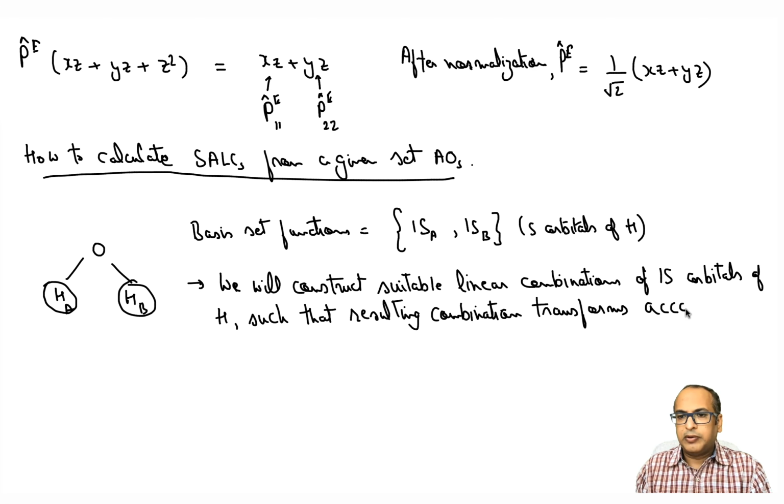What are these A1, A2, B1, B2? These are the Mulliken symbols for the irreducible representations of the C2V point group. I'm not going to write the character table of C2V, but these are the 4 irreducible representations C2V has. So this tau, the reducible representation, would be a linear combination of these irreducible representations, where a1, a2, a3, a4 can be determined using the reduction formula.